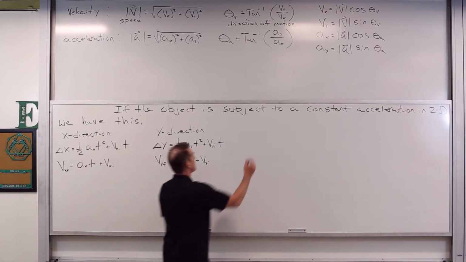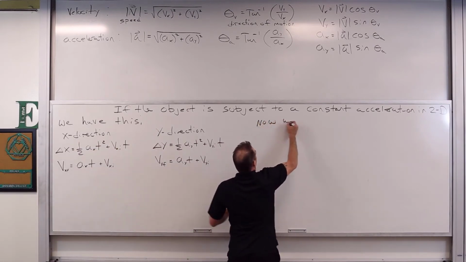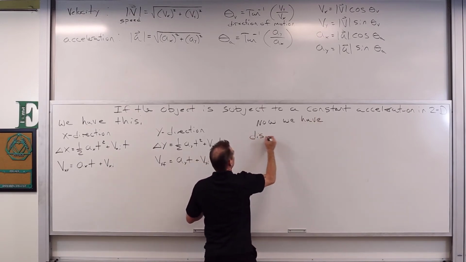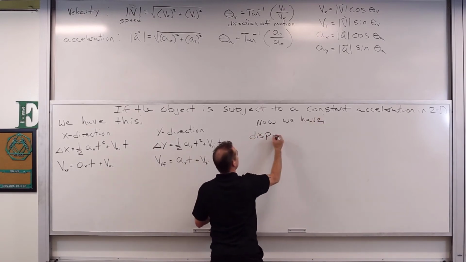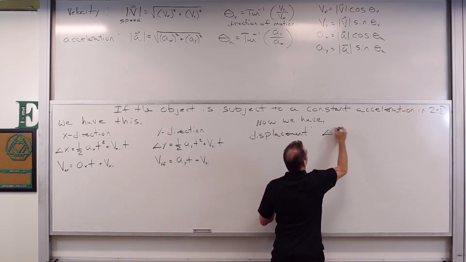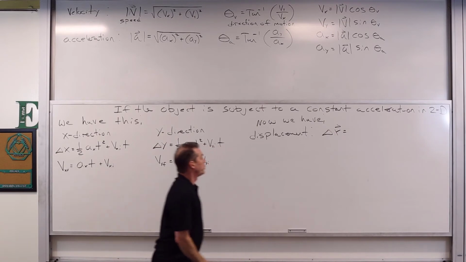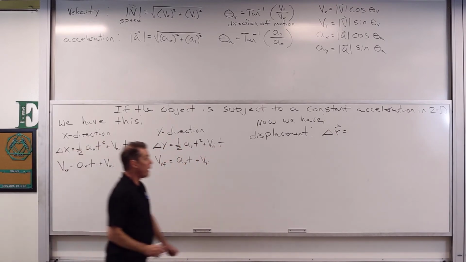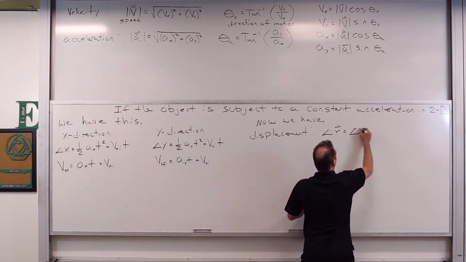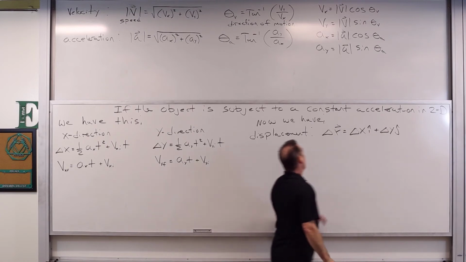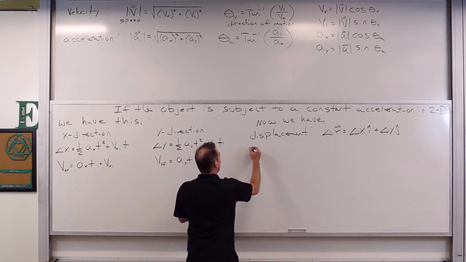Well, now we'd have this. Now we have displacement. Delta r is going to be equal to delta x i hat plus delta y j hat, which then expands out.